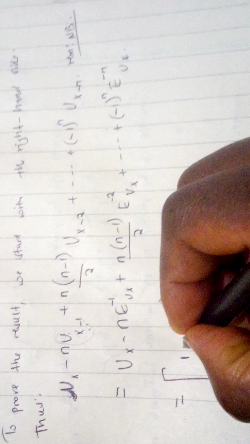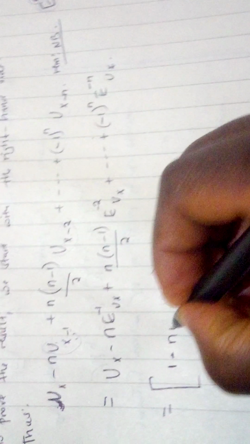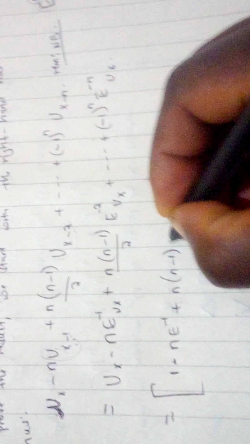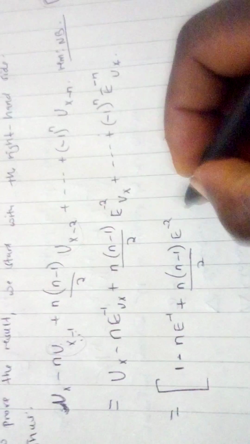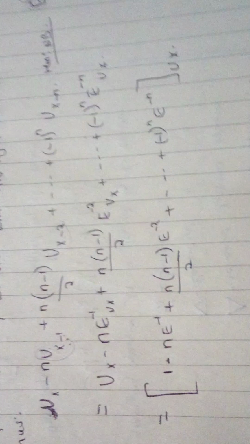So we remove u(x), and we have 1 minus n shift operator negative 1, plus n(n minus 1) in negative 2 divided by 2, plus negative 1 to power n shift operator negative n, multiplied by u(x).